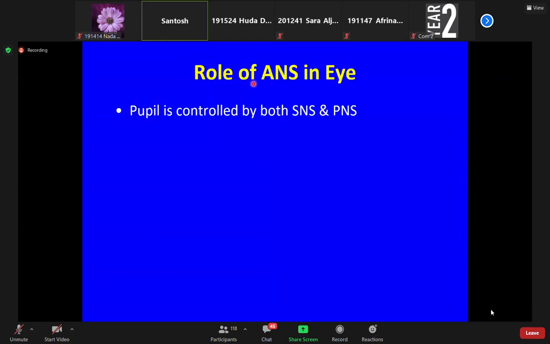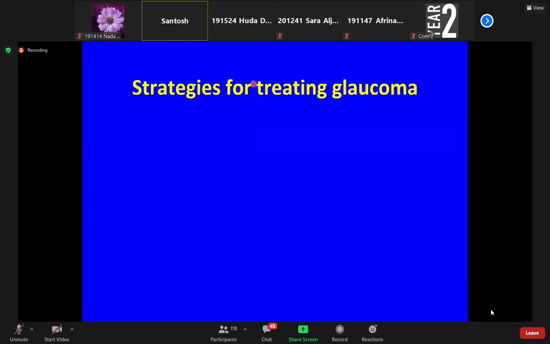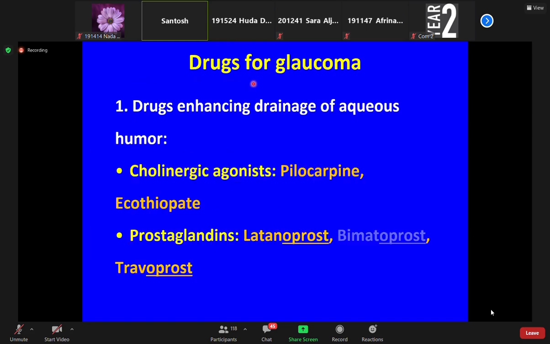Just a minute. I just want to open something. Yeah. So here the catecholamines inhibit their production by stimulating alpha-2 receptors which are present on the presynaptic neuron.